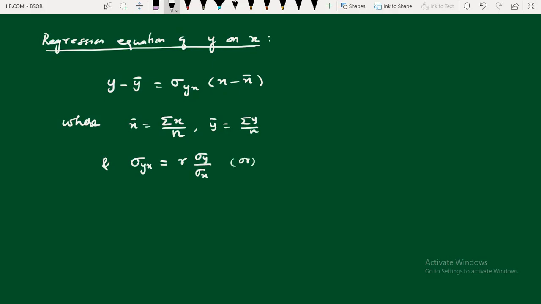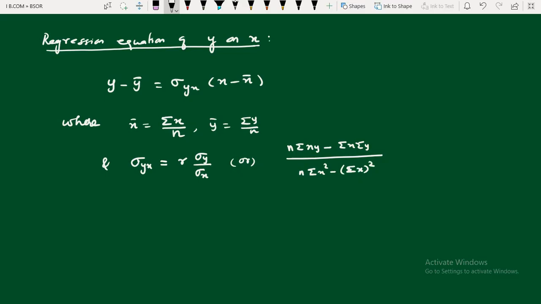Sometimes data will be given. If you have data, then we use this formula: n into summation xy minus summation x into summation y, divided by n into summation x square minus summation x whole square.